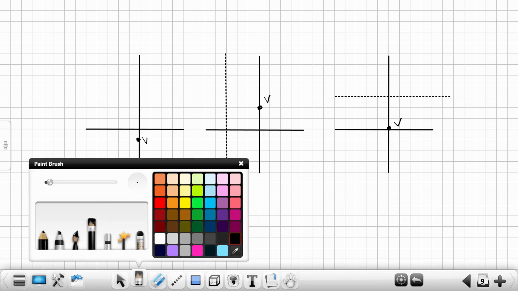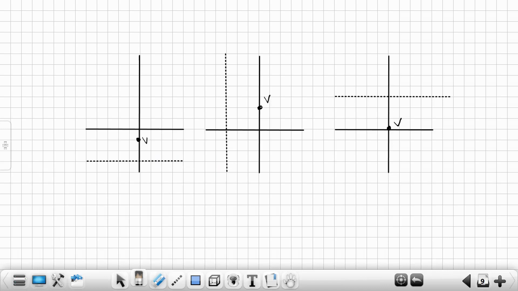The distance from the directrix, so here, 2 equals 1/4a. This distance is always 1/4a. 3 equals 1/4a. 5 equals 1/4a. The distance from the directrix to the vertex is always 1/4a.